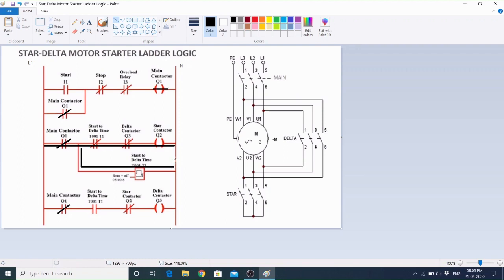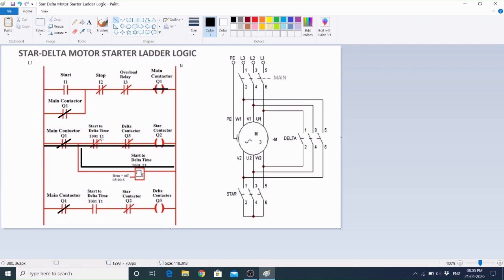So what is this one? This is the coil of the timer, and this is the auxiliary contact of the timer.